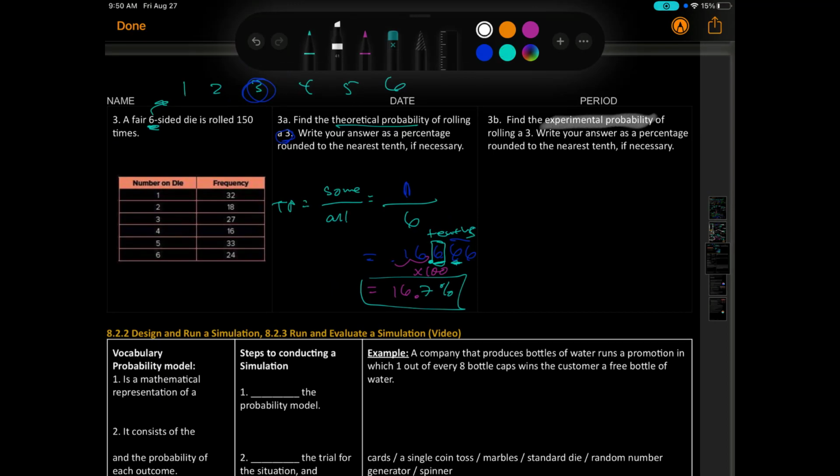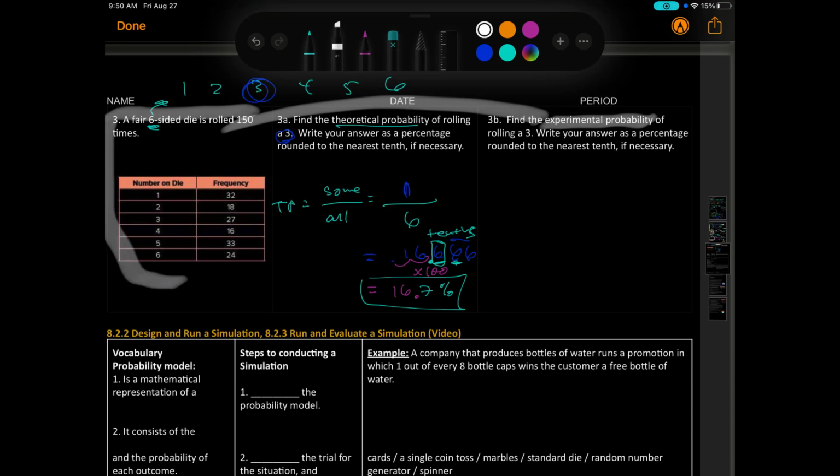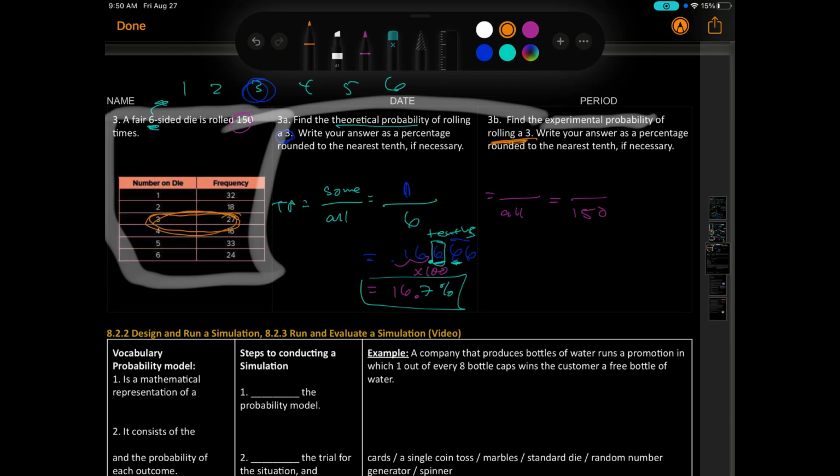The experimental probability, we're going to look at this chart here. So we have the all, in this case that would be the 150. Rolling a 3, this came up 27 times.